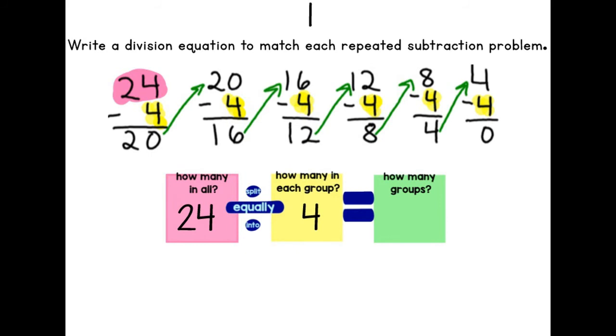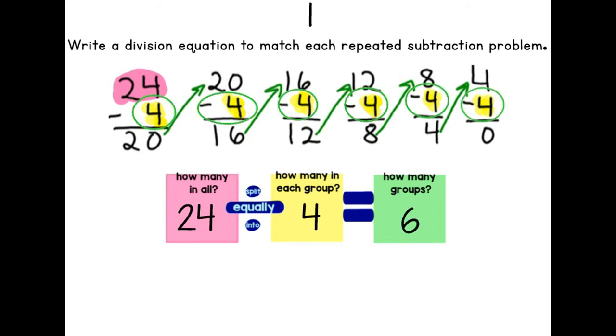And the quotient, the answer to the division problem, is telling us how many groups there are in this case. The quotient is 6. 24 divided by 4 is 6. Also, 4 times 6 is 24.